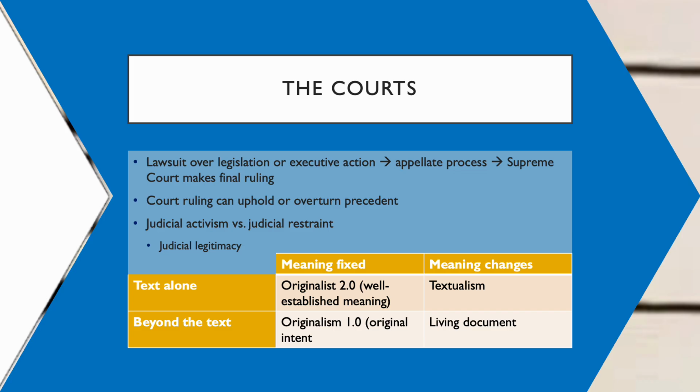Now, we've already talked a little bit about judicial activism versus judicial restraint, but the other key idea here is the idea of judicial legitimacy. The idea is that the courts cannot enforce laws themselves, so they rely on legitimacy, that people believe that the court is a neutral and legitimate arbiter of the law, that they are not too involved in partisan political processes, and that they make those decisions following the law, and that the people will then follow the law.